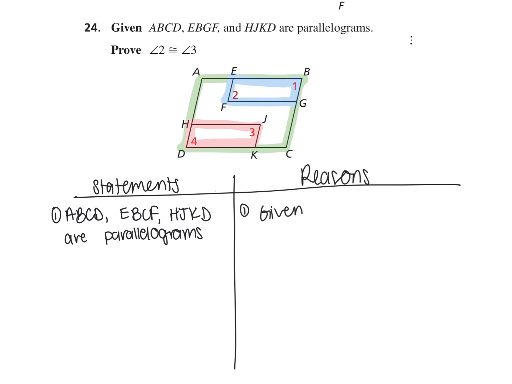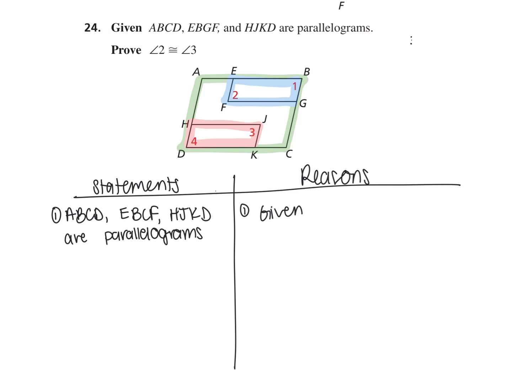We're trying to prove that angle 2 is congruent to angle 3. Who could give me an idea, or what do they think I can prove here? What can I show that's congruent? What can I do in order to help me prove that angle 2 is congruent to angle 3, Jonah? E is congruent to B. Okay, so my angles are congruent. What would that be called if I were to put a reason?